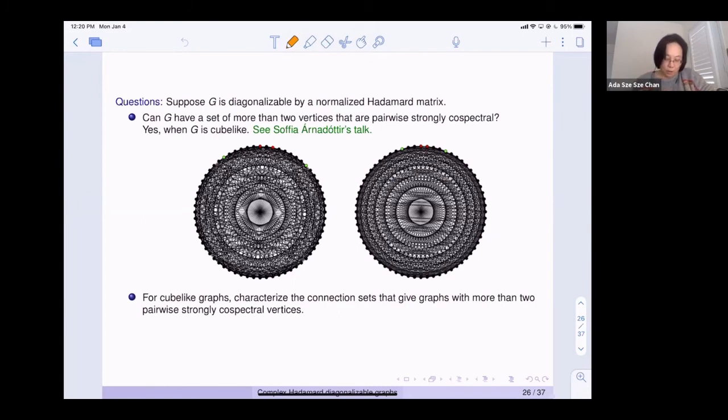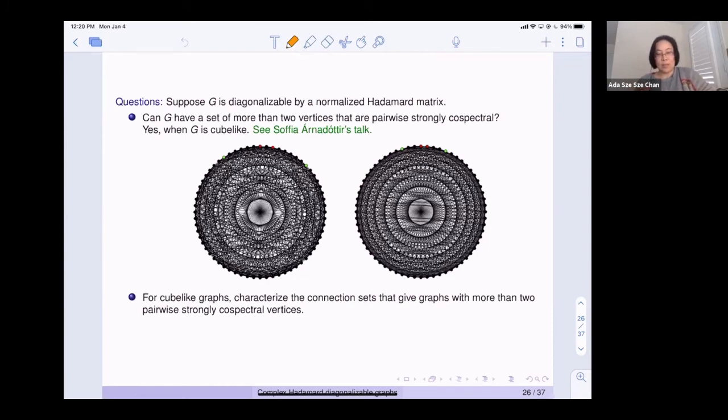So now that we know that it's possible, my next question is for cube-like graphs with 4 pairwise strongly cospectral vertices, or 8, can we characterize the connection set? Can we tell from the connection set when a graph would have exactly 4 pairwise strongly cospectral vertices?